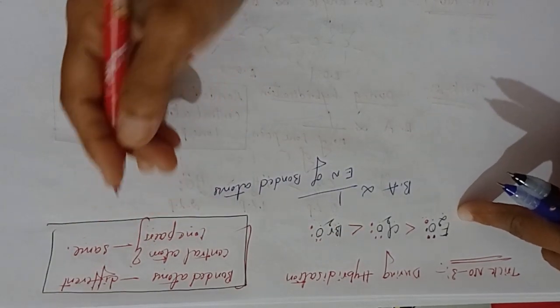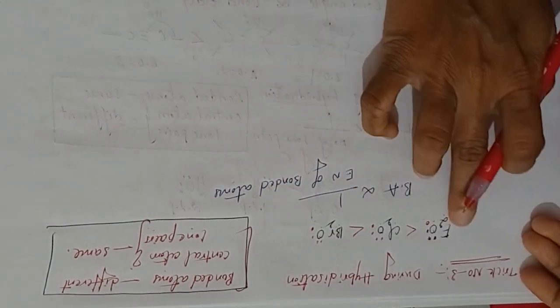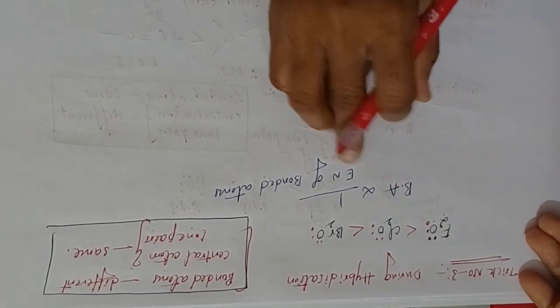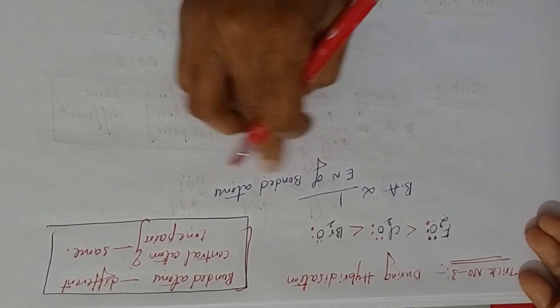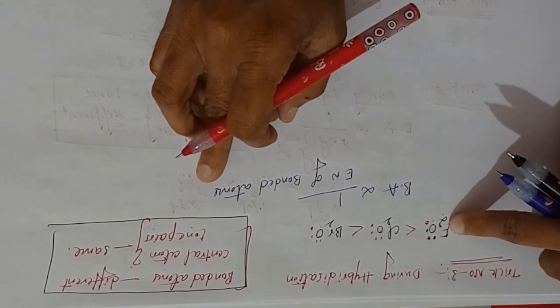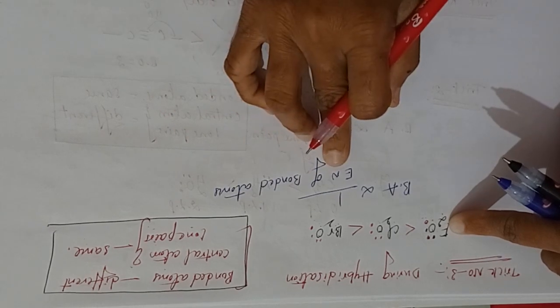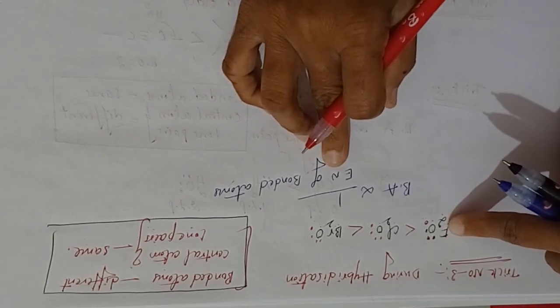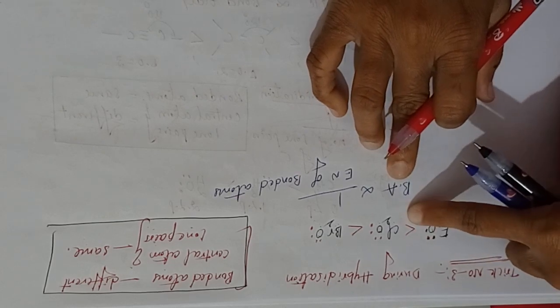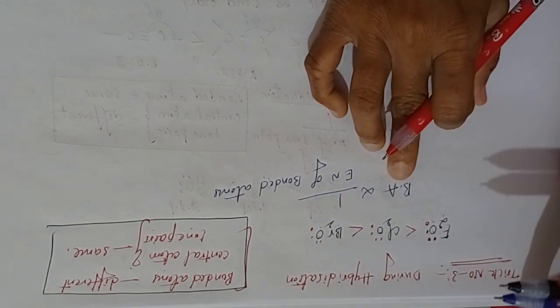Clear, students? F2O bond angle is less because bond angle is inversely proportional to the electronegativity of bonded atoms.